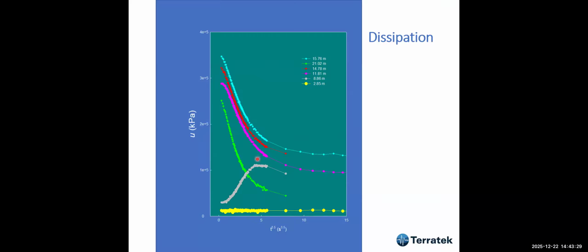This is the same test where I have done this, in 2022. This is a tailings, and this material here was more over-consolidated. That's what happened. The dissipation was in the other direction.